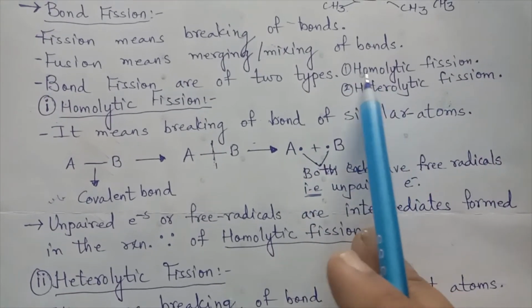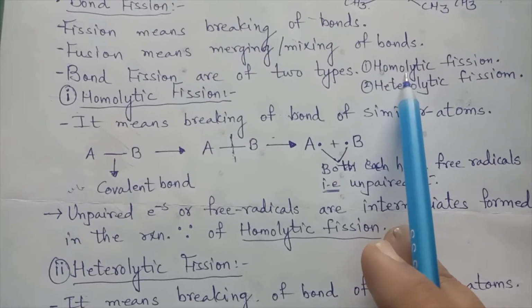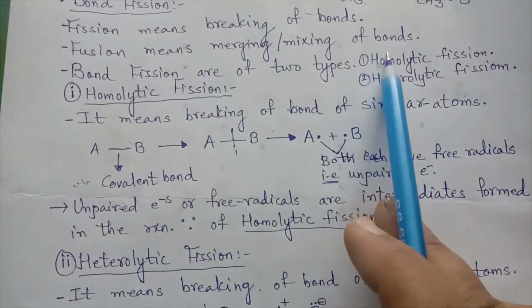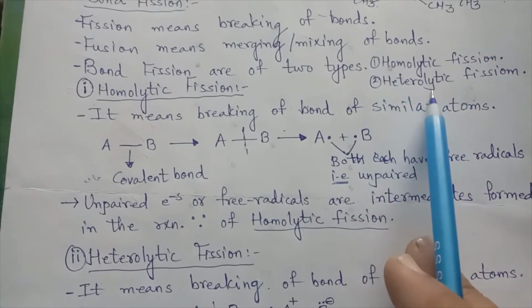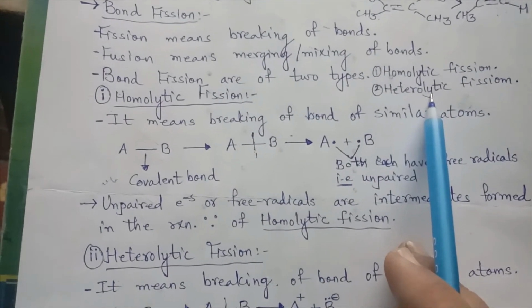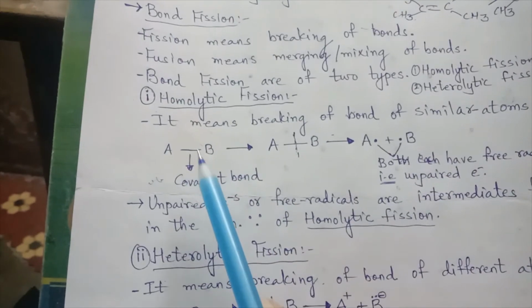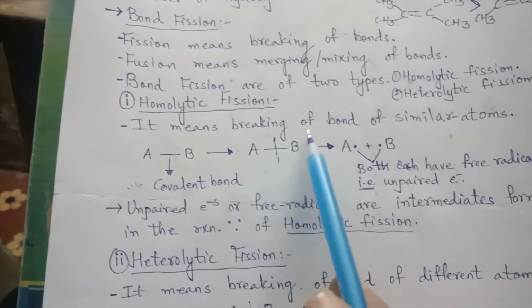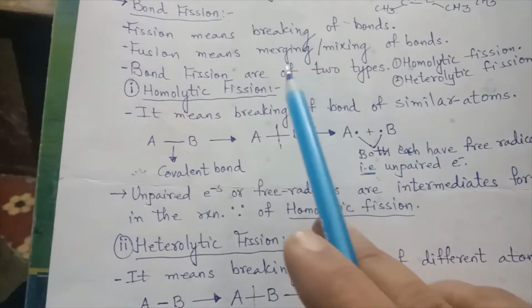Homo, the word gives us the idea of a compound having similar atoms, so that is homolytic, and different atoms, so heterolytic. When the breaking of a bond takes place between similar atoms, it is called homolytic fission. It means breaking of a bond of similar atoms is homolytic.